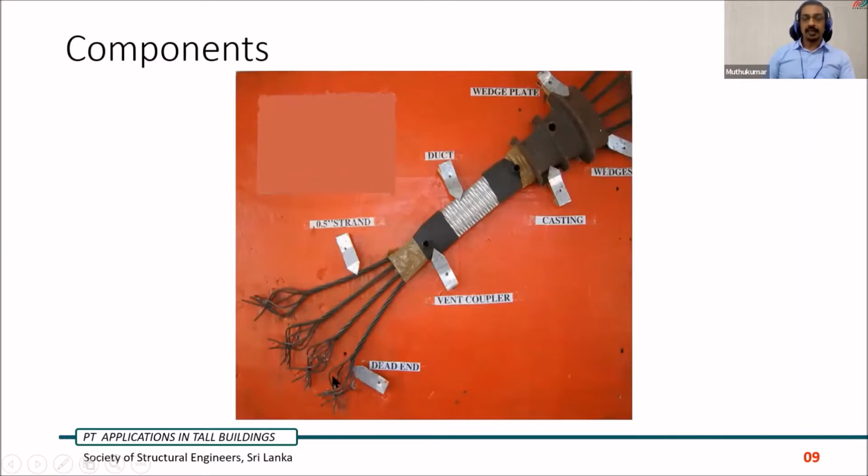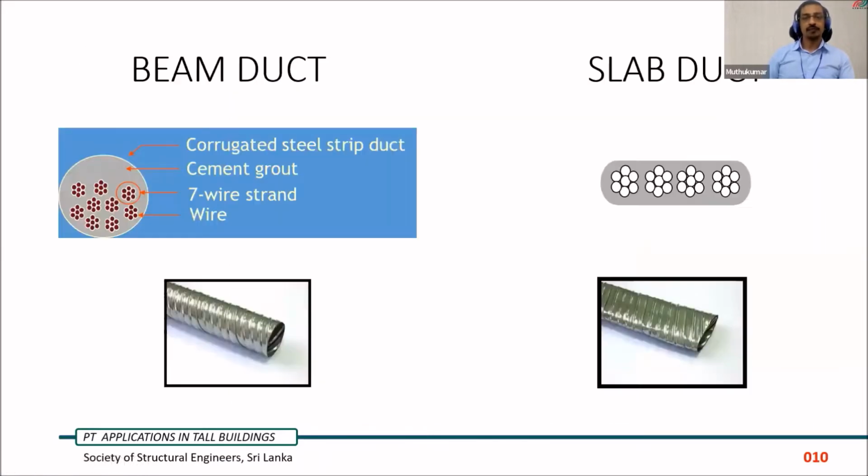The dead end is anchored into the concrete with sufficient mechanical anchorage to hold the force applied through the live end. Then we have vents for grouting after the stressing operation is completed, and the ducts protect the strands from ingress of concrete prior to the stressing operation.